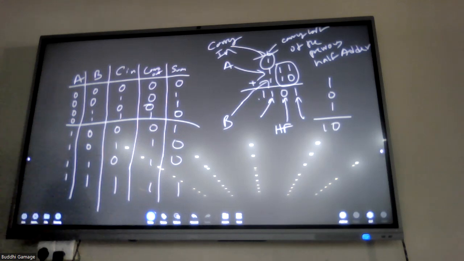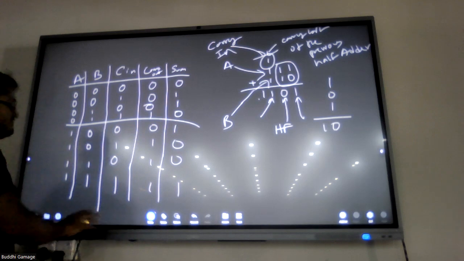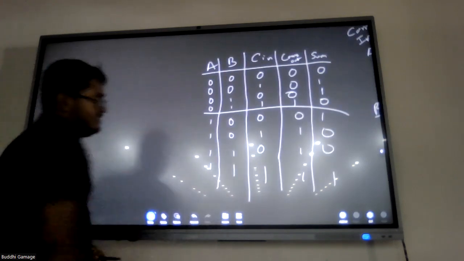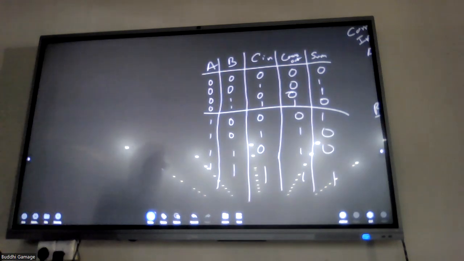Right. So now you need to design the logic circuit. So I will help you on this one. Right.